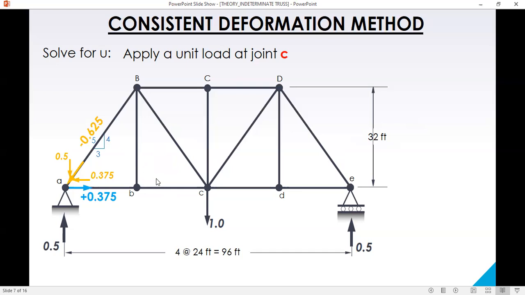So, these are the values. Same style, same procedure as discussed in the previous slide.